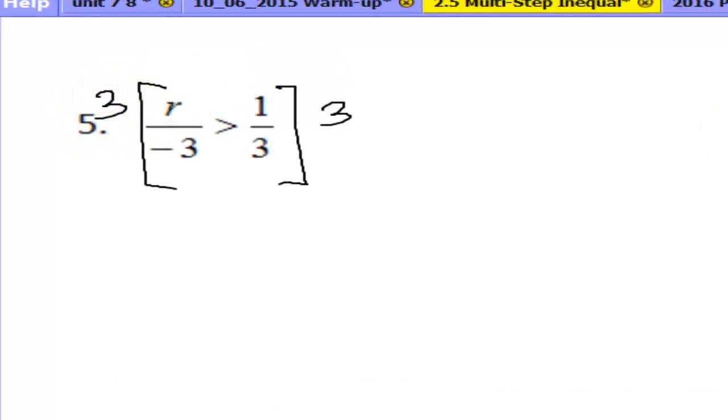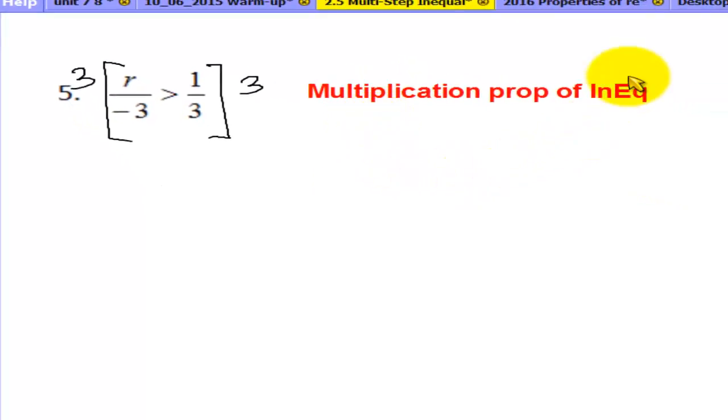So that's the multiplication property of inequality. It's better for us to multiply by negative 3 because my denominator here is negative 3 and I would like to remove this negative 3. So the plan is to cancel this one out. So I'm going to multiply by negative 3.